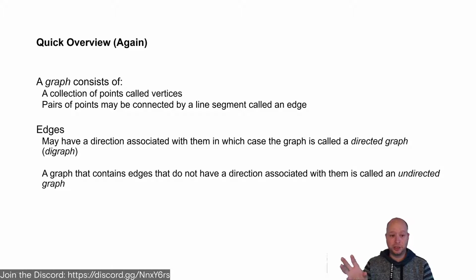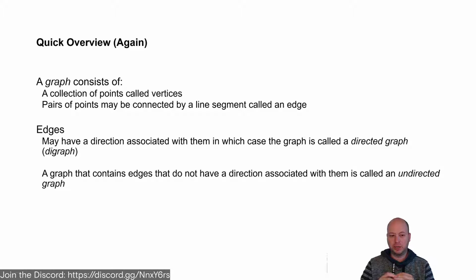It's really a collection of nodes and also a collection of edges that connect those nodes. Whereas edges connect any two items, the collection itself can be anything. In this case, we're probably going to be thinking about vertices, but it could be towns, it could be words. It doesn't really matter. A graph is a general purpose data structure that can be used for a lot of different things.